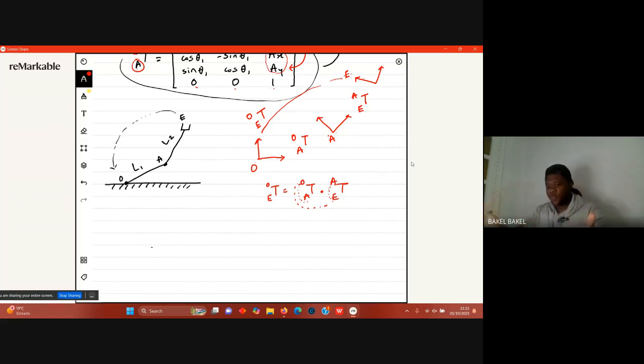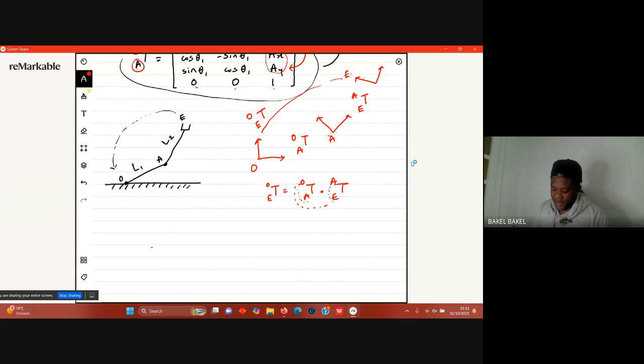The good thing about the transformation matrix is you don't have to start drawing many lines as to where what is. You just know the matrix and you're good to go. I'll show you how we now use it for the actual forward kinematics.